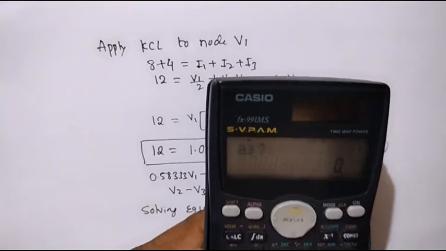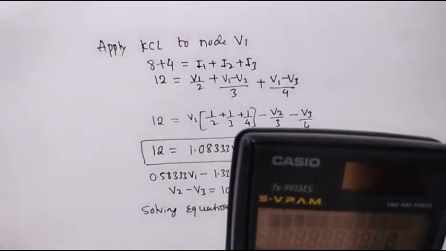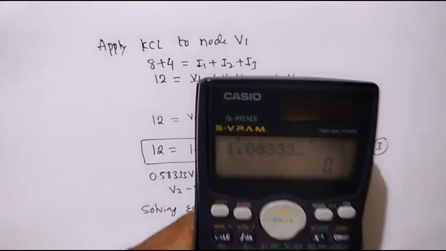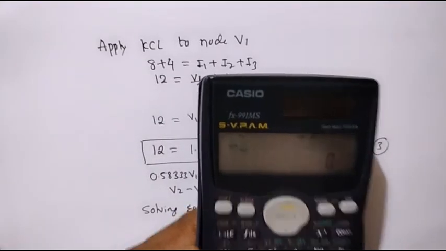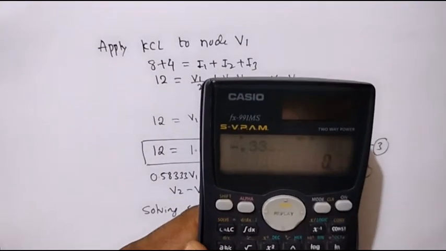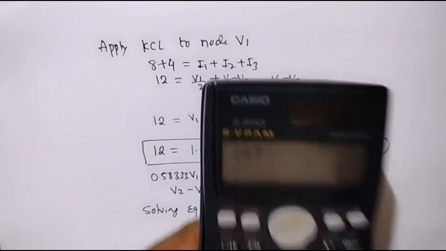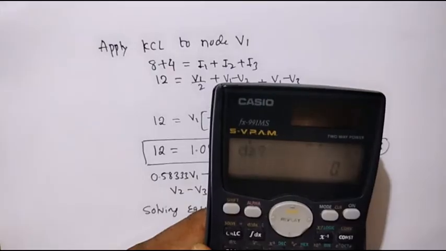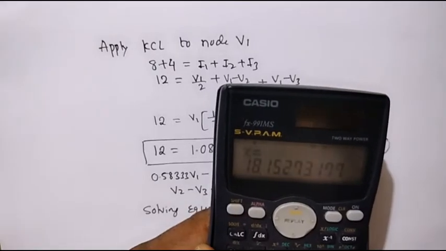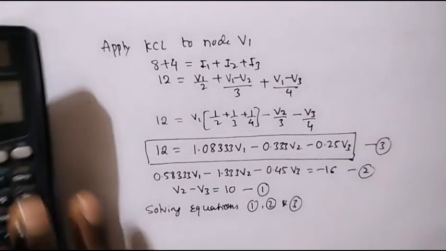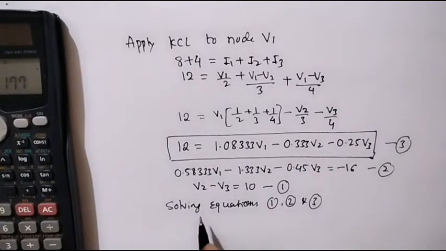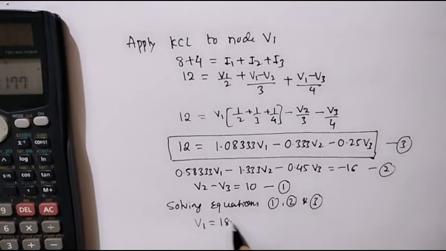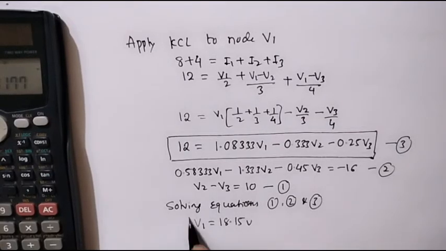In the third equation, the coefficient of V1 is 1.08333, then minus 0.333, then minus 0.25, and the value is 12. So solving this, we get V1 equal to 18.15 volts.